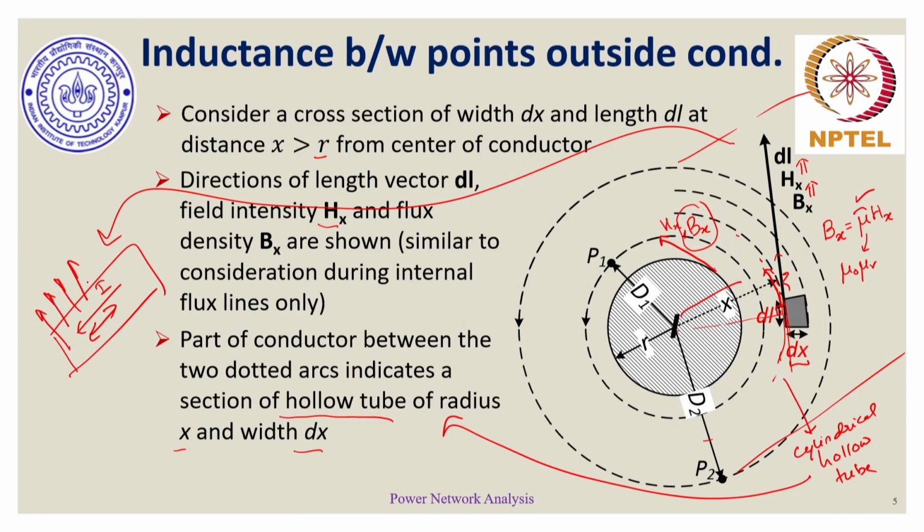Sorry, this is actually the front section which is what is shown over here. This would actually serve as the side section of the cylindrical portion that I am looking at. So if I look at it from the side, this is the entire length along which current is flowing, and the flux lines appear to be perpendicular to the direction of current.